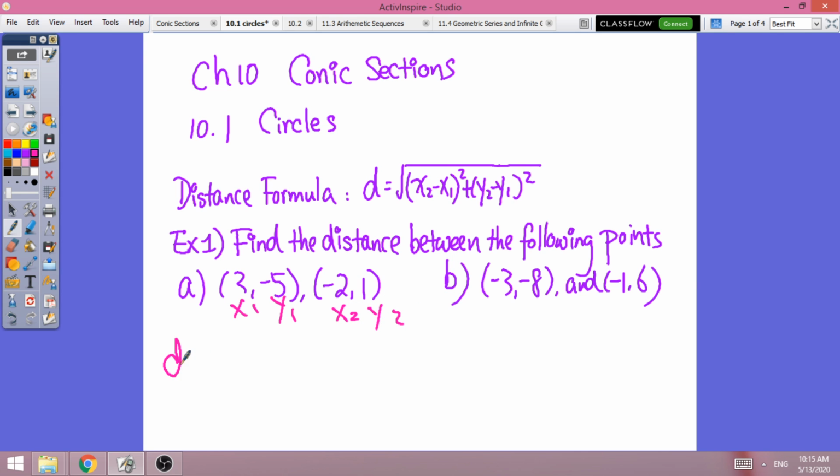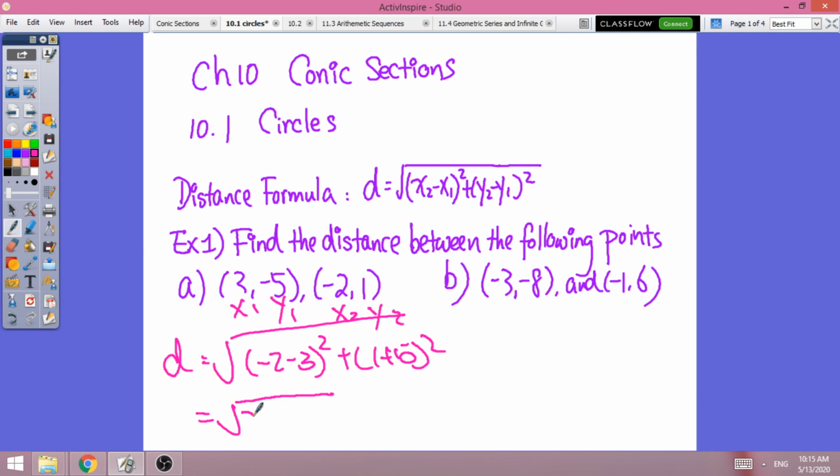Using the distance formula, d equals the square root of the quantity x2 minus x1, so negative 2 minus 3, quantity squared, plus y2 minus y1, so 1 minus negative 5, negative negative turns out to be positive, quantity squared. Then you just evaluate: negative 2 minus 3 is negative 5, squared, which is 25.